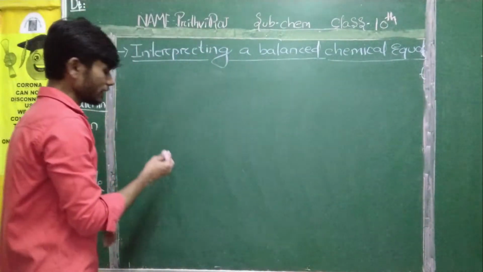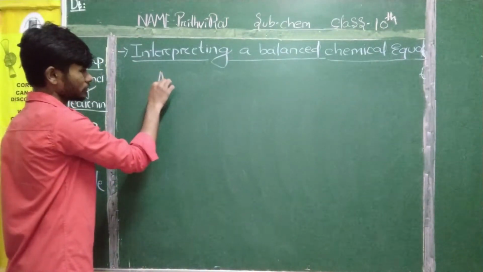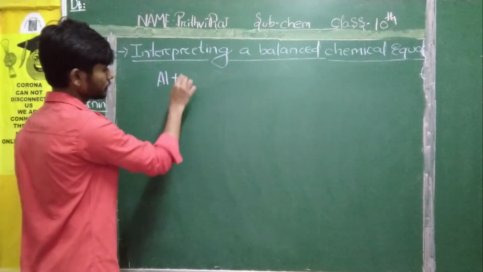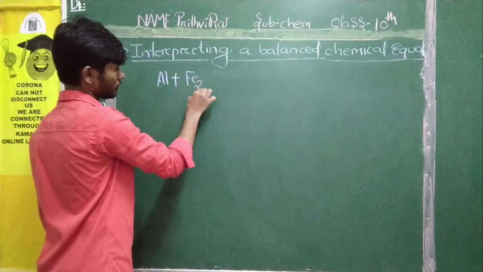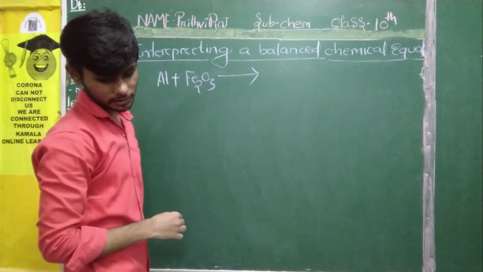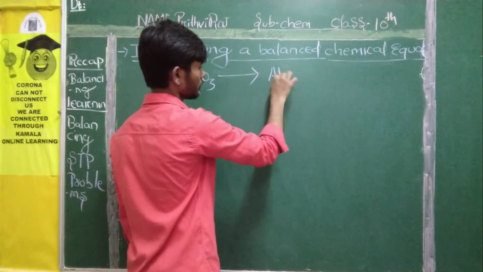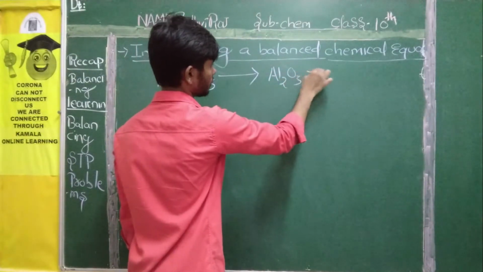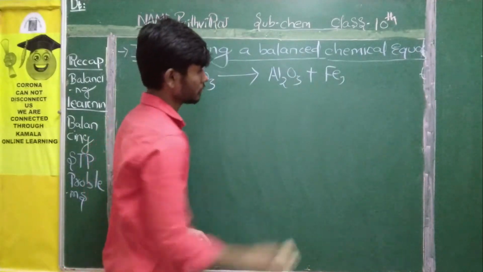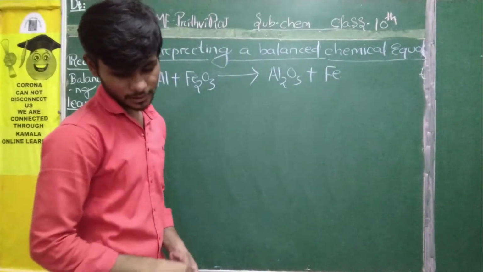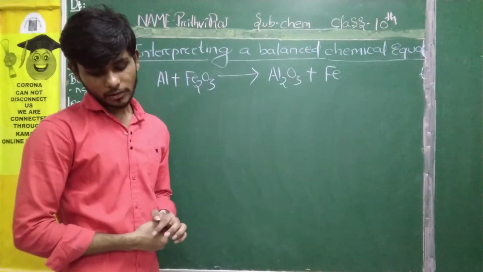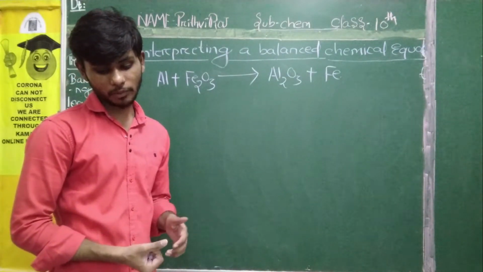So he is giving a reaction to watch, that is aluminum plus Fe2O3 gives us aluminum oxide plus Fe. He is saying that you are asked to calculate the amount of aluminum required to get 1120 kg of iron from the above reaction.